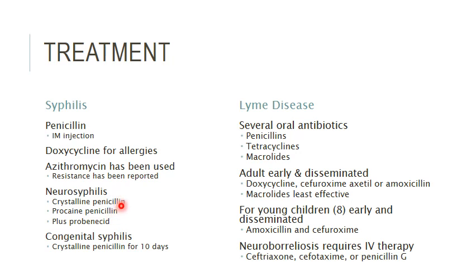We've got to get that drug through that blood-brain barrier. And same thing with congenital syphilis. We do want to use a separate formulation of the penicillin that's able to get into that central nervous system to protect the baby.